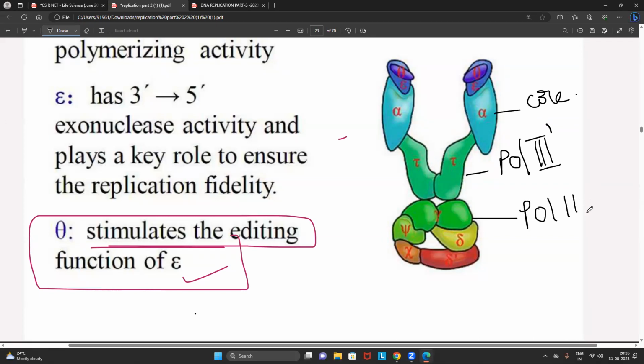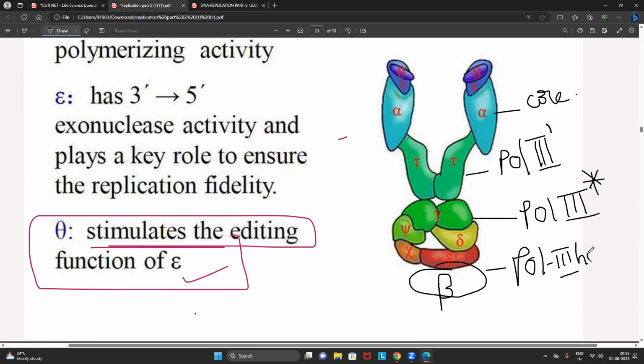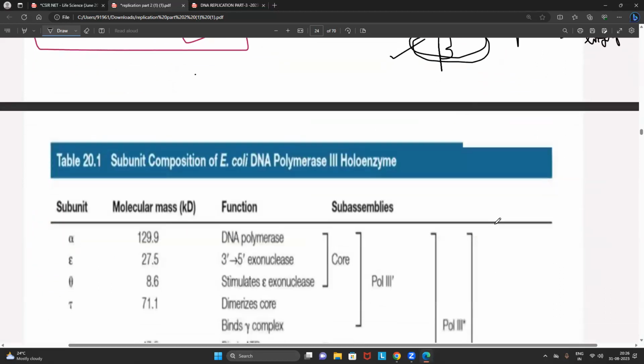We call it polymerase 3 star. Finally, when the gamma complex is connected to the beta clamp, only then we call it polymerase 3 holoenzyme. What is the meaning of a holoenzyme? Holo means complete enzyme. The enzyme becomes complete only when it is associated with the beta clamp. Don't get confused with that particular point.